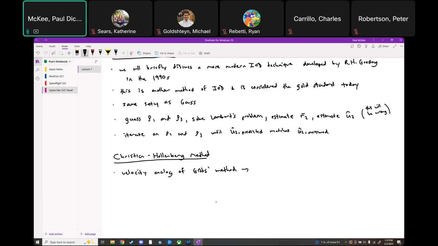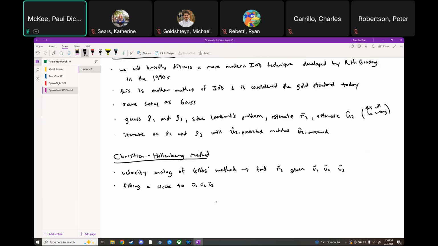So this is find R2 given V1, V2, and V3. And so we do this by fitting a circle to V1, V2, and V3.